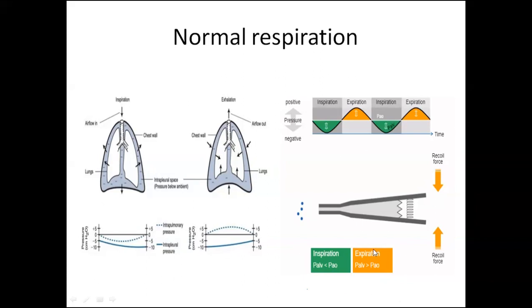So during inspiration, you are doing work to get the air in, so it is an active process. During expiration, it's just the recoil of the stretched tissues doing the work, so it is a passive process. This concept of active and passive is very important because we will subsequently discuss how to manage CO2 retention based on these concepts.